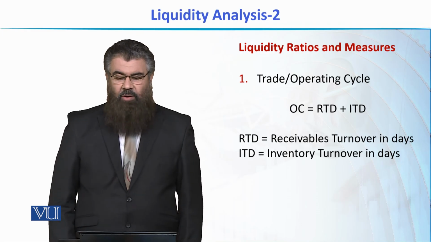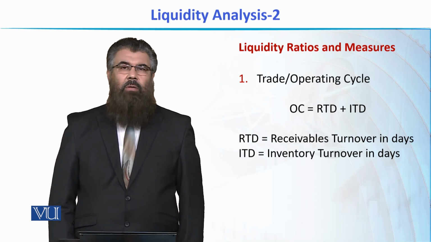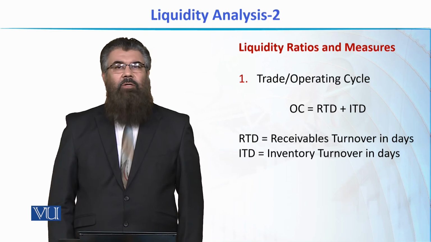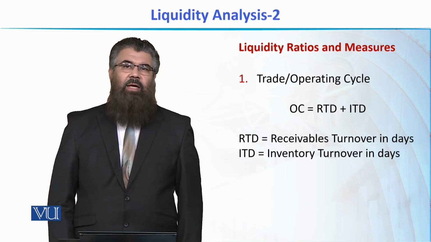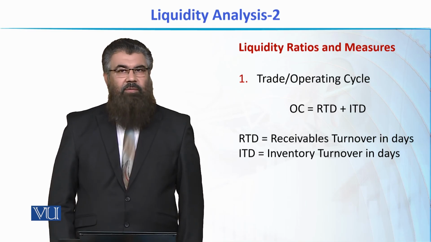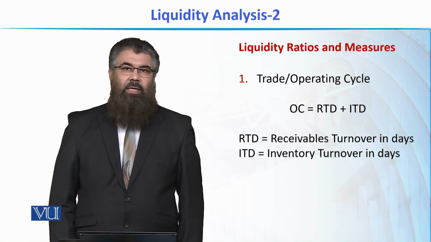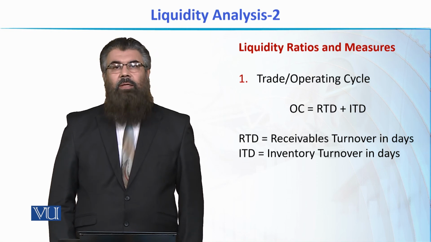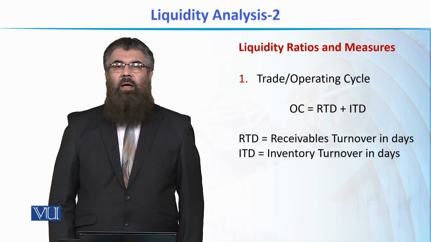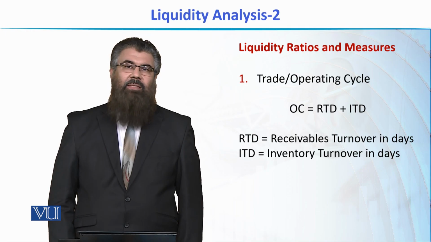And finally we have got operating cycle or trade cycle. यानी जो बिजनेस में हम पैसा इन्वेस्ट करते हैं इन अकाउंट्स रिसीवेबल्स, या जिन्हें डेटर्स भी कहा जाता है, and the inventory, वो पैसा हमारे पास कितने दिनों के बाद वापस आएगा.